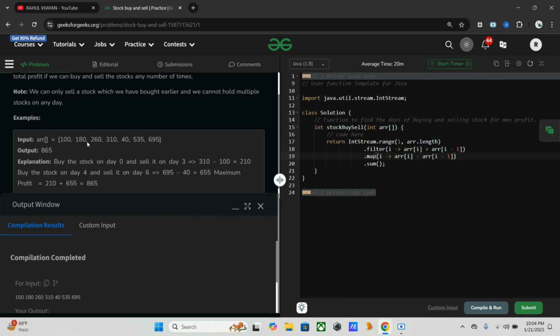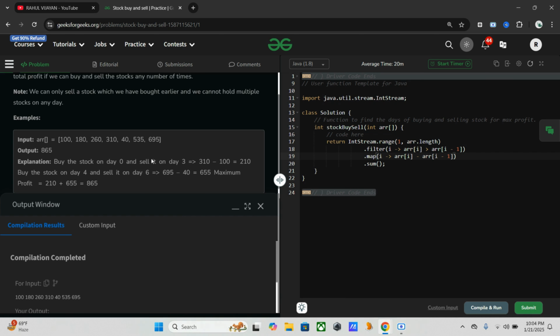Then we buy at day 3 we have 260 and sell at day 4, profit 50. Then we buy at day 5 and sell at day 6. Profit 495. Then same we will do here and we will get profit of 160.